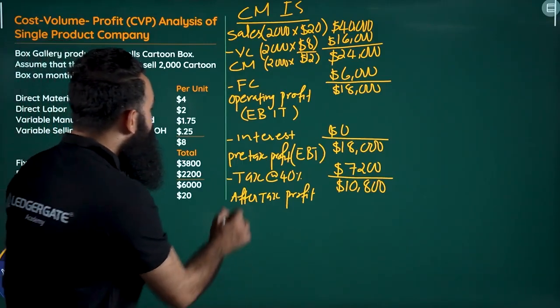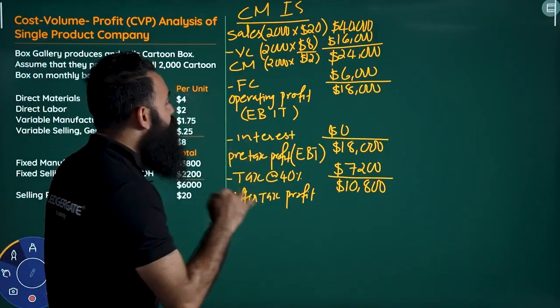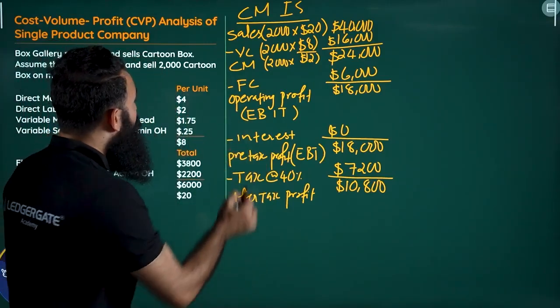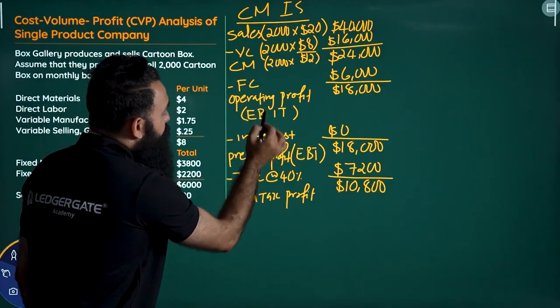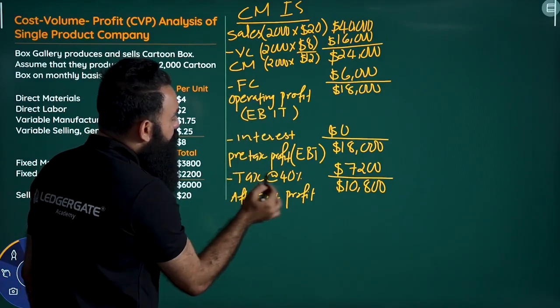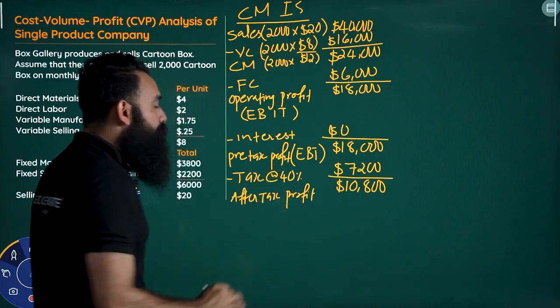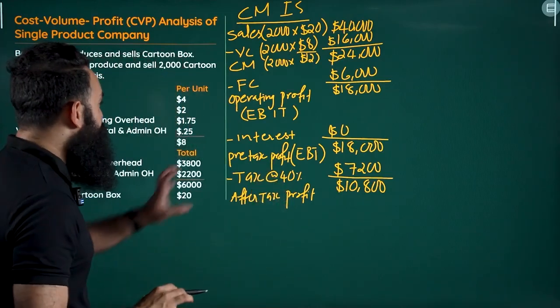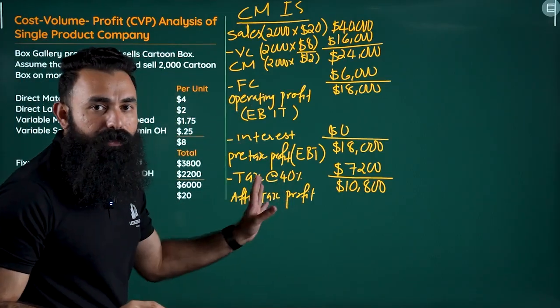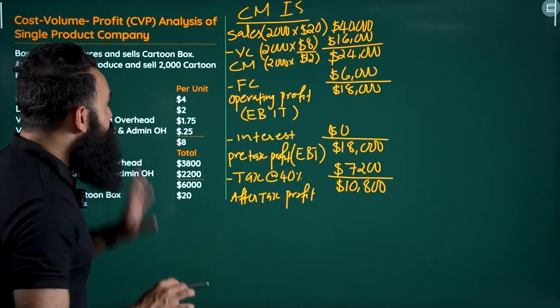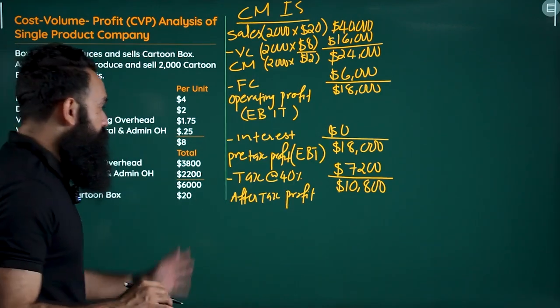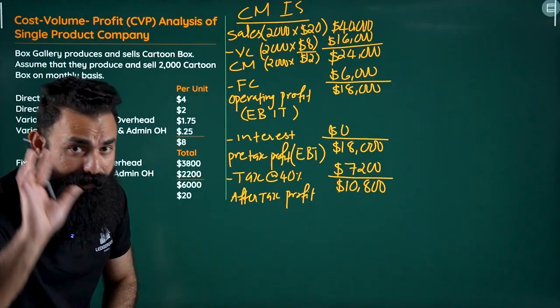Now, anyhow, here pre-tax profit and operating income both are the same. From here onwards, we call this pre-tax profit, and if we deduct the tax amount from it, we arrive at after tax profit. We won't discuss operating profit anymore here in CVP analysis. Instead, we call pre-tax and after tax profit.